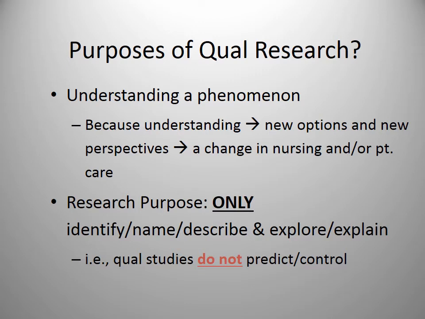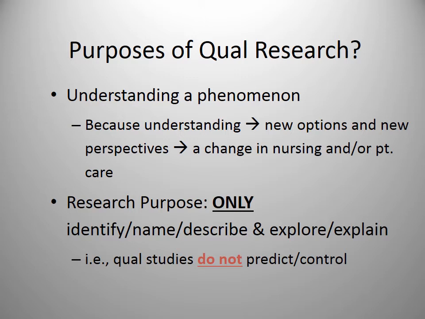We identify a new phenomenon. We name a new phenomenon. We describe and we explore a brand new phenomenon. And then we explain what we think we found out about the new phenomenon. But we don't predict or control the phenomenon that we are looking into with qualitative research.